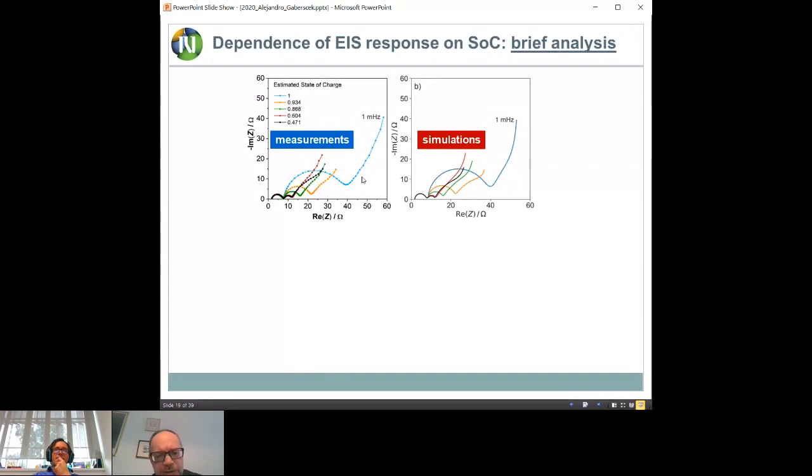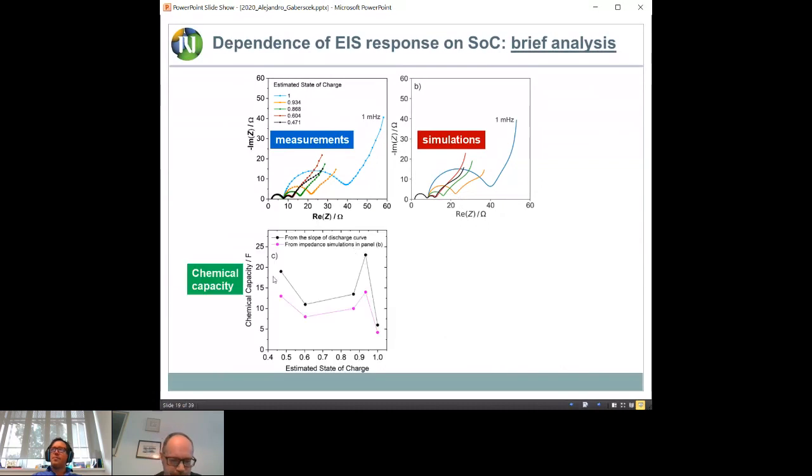Out of the many parameters that you have in the cathode, anode, and separator, you only vary 2. You relax 2 parameters, all the others remain the same, and you fix them. And then you can describe very accurately what is going on, as you see. I think this is a very, very good description.